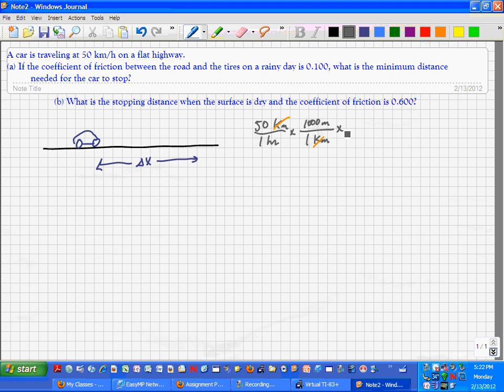And then I know that in 1 hour, there are 60 minutes. So my hours are going to cancel. And then in 1 minute, there are 60 seconds. Again, my minutes cancel and I'm left with meters over seconds.